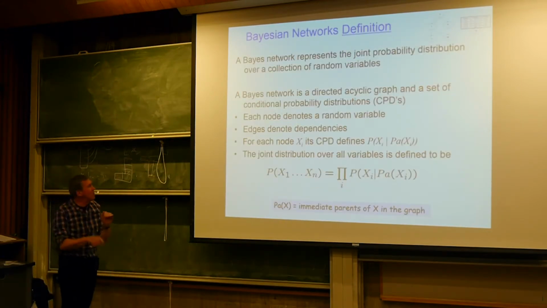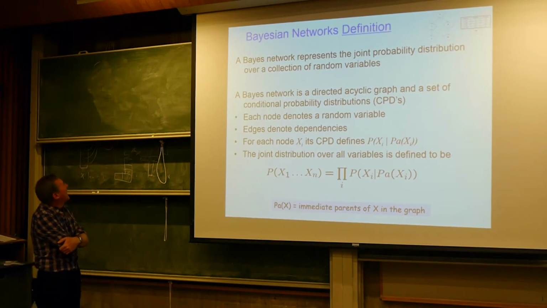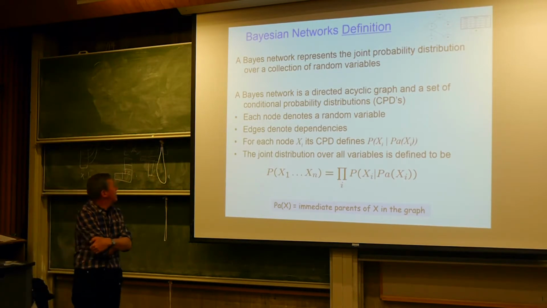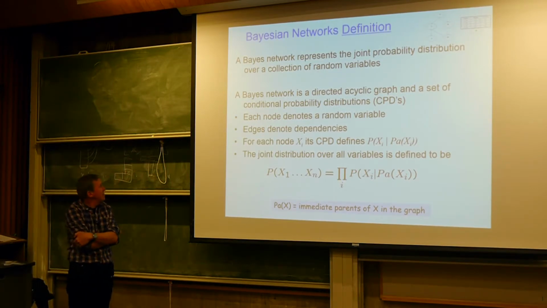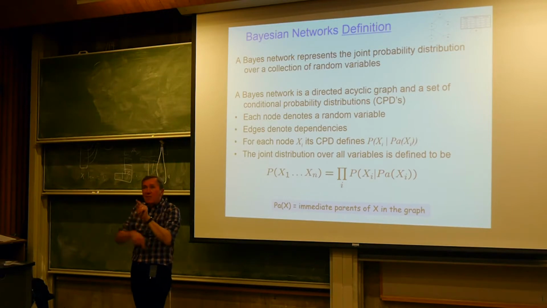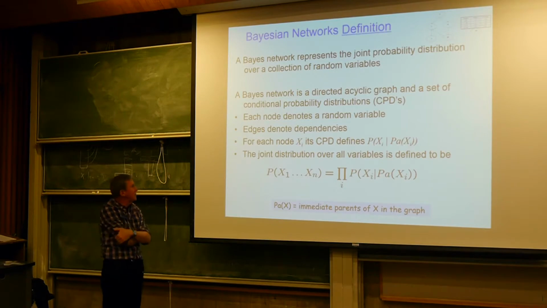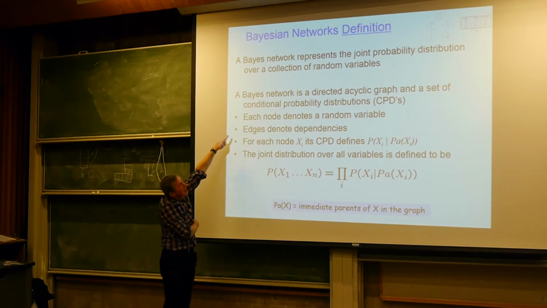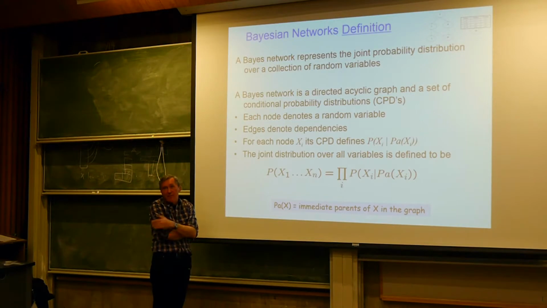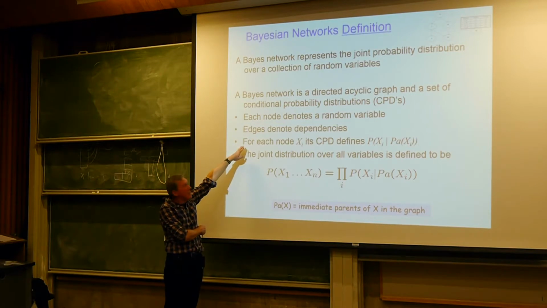So to be absolutely precise then, here is my definition; you should know this definition by the midterm. A Bayes network represents a joint probability distribution over a collection of random variables. The network itself is just a directed acyclic graph, no directed loops. You can have undirected loops, that's fine. Each node in the graph represents one of your random variables. So if you have n variables, you'll have n nodes. Edges denote dependencies among those variables.